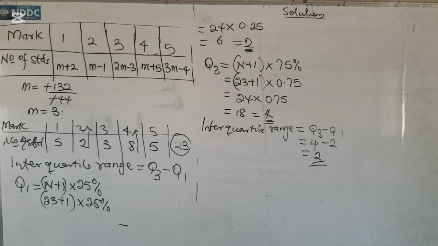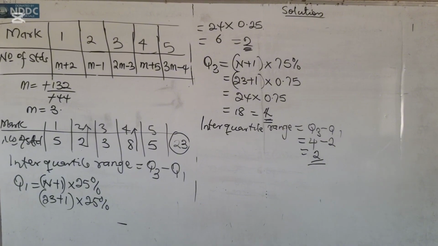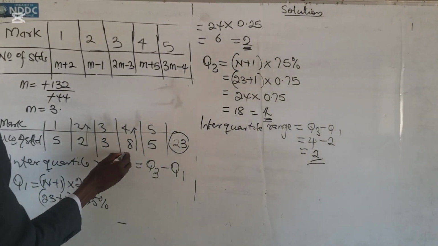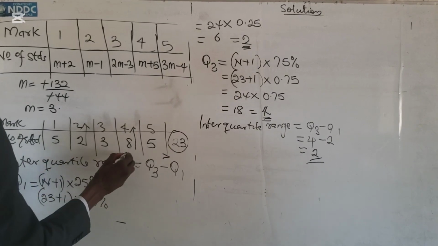We are asked to find the probability of a student who scored at least 4 marks in the test. At least is from here, stop here. If I say at most, we come back; at least is here.